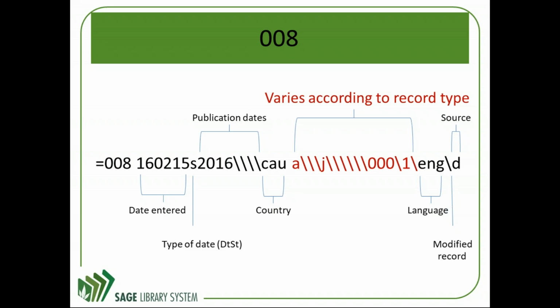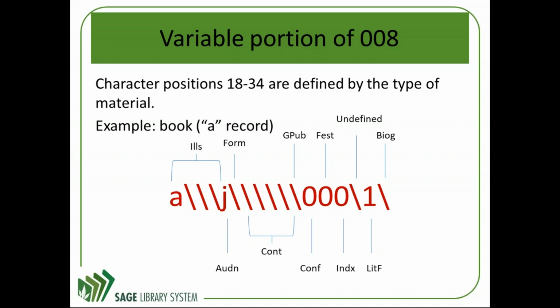So let's look a little bit more closely at that variable portion of the 008. Again, this is character positions 18 through 34, and they're defined by the type of material, or by the record type.